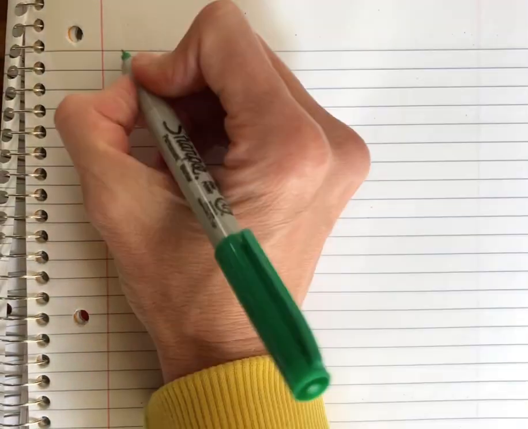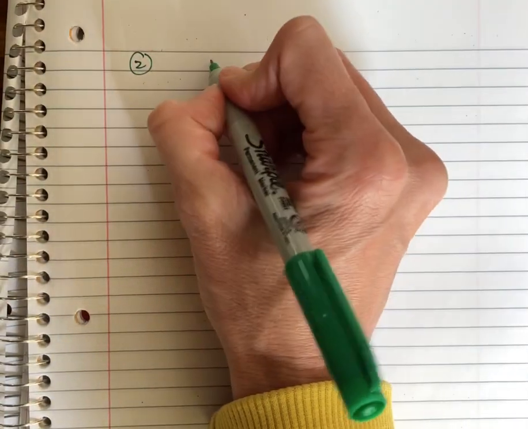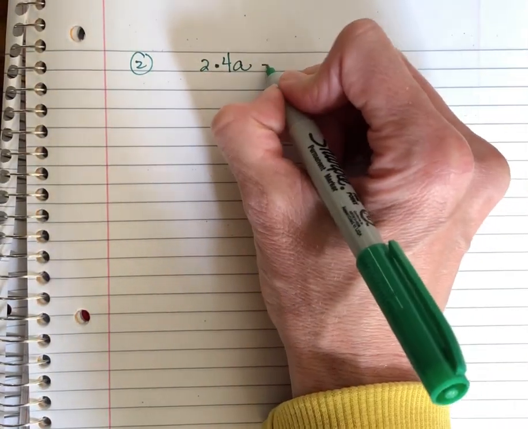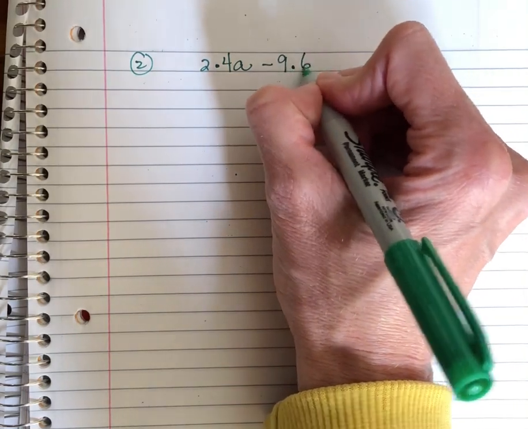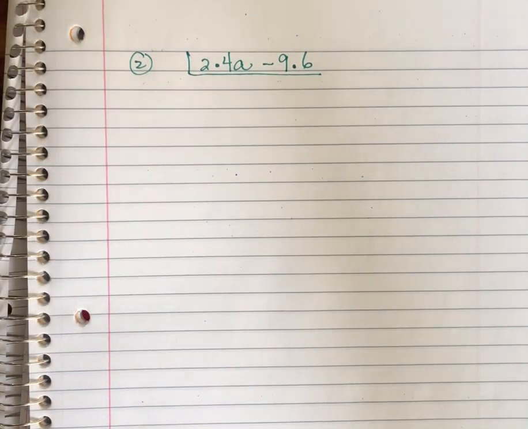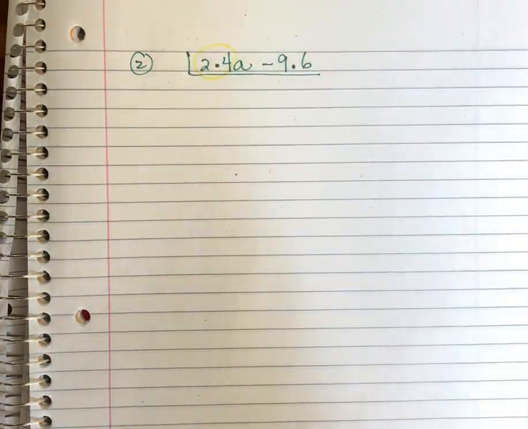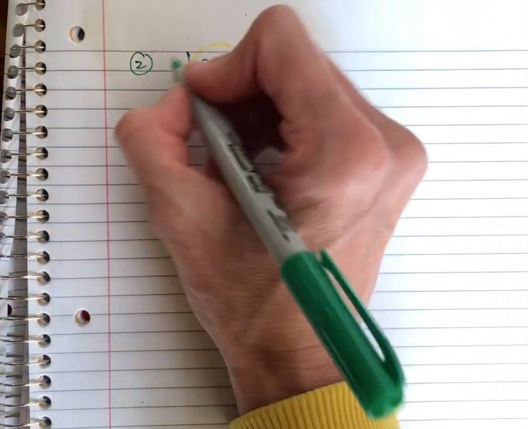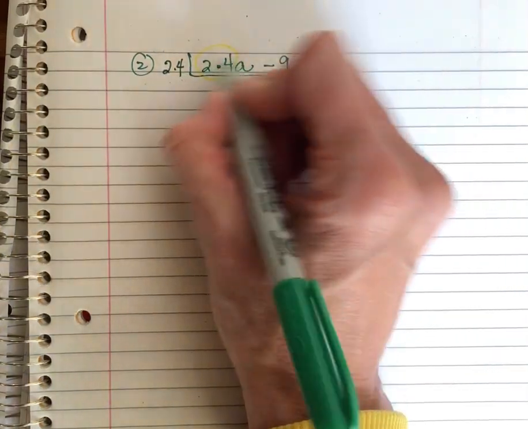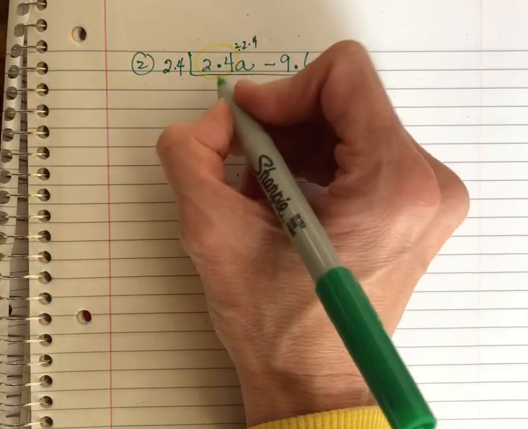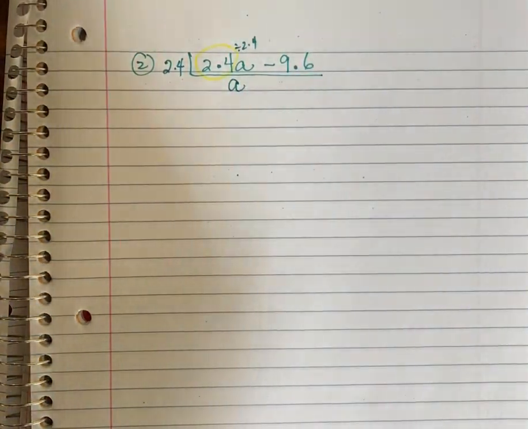Okay, part 2, number 2. Let's put a decimal in there just to have a little bit of fun with it. 2.4a minus 9.6. And we're factoring out the coefficient. The coefficient is the number in front of that variable. So we're gonna factor out, divide out a 2.4 from both terms. Well, 2.4 divided by 2.4 is just 1, or you can express it as a.